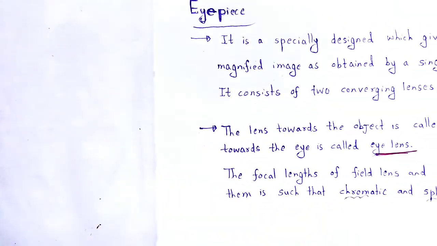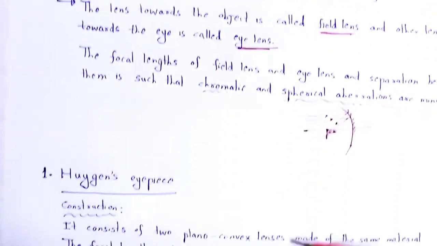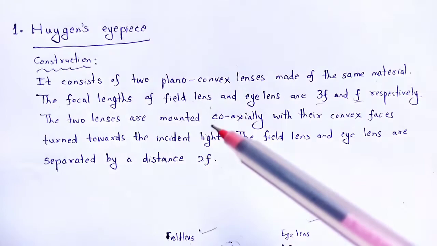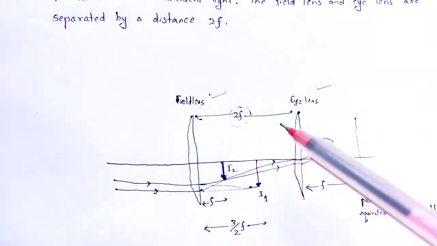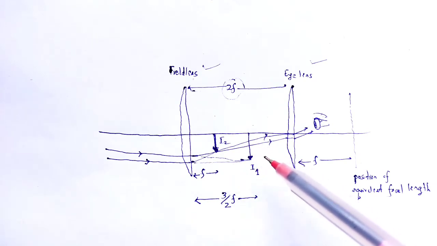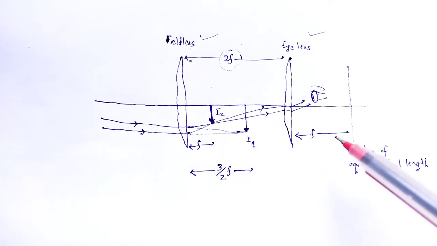So, with the help of this visual lecture, we understand what an eyepiece is, one of its types, that is the Huygens eyepiece, its construction, field lens, eye lens, their separation, how the image is formed, and the location of the image formed.